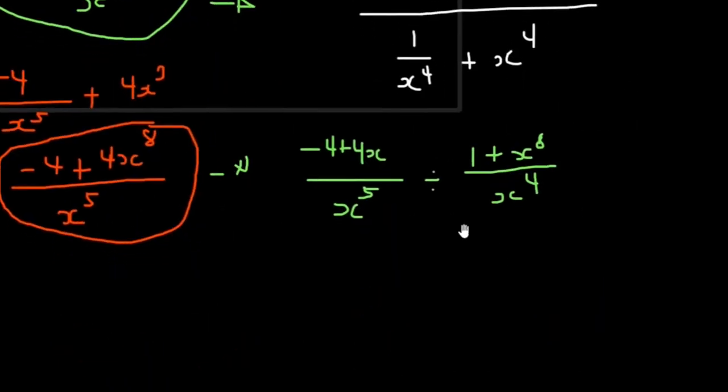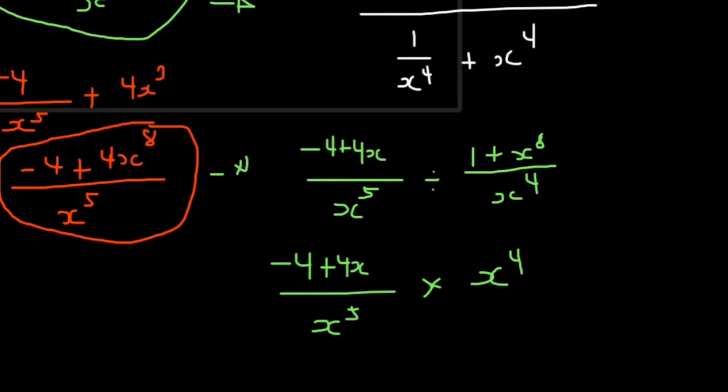Okay, so let's continue. Now let's reciprocate this. So I now have minus 4 plus 4x all over x to the power 5, times x to the power 4 over 1 plus x to the power 8.